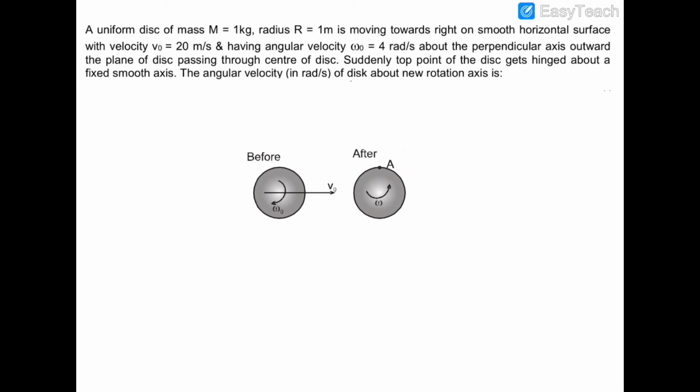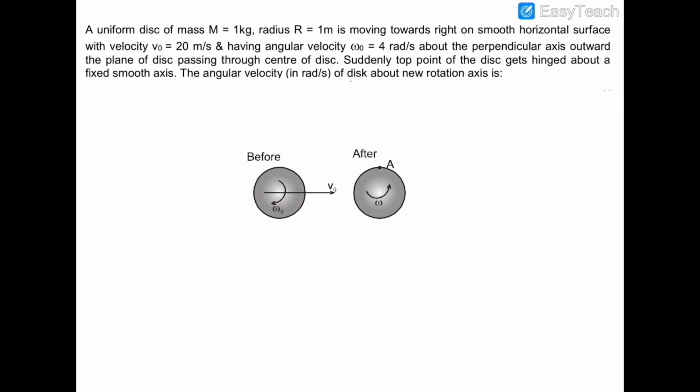In this question, there is a uniform disk of mass 1 kg and radius 1 meter. It is moving towards the right side on a smooth horizontal surface with velocity v naught equal to 20, and angular velocity, which is in clockwise sense, equal to 4 radians per second.